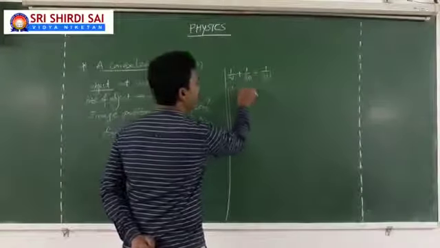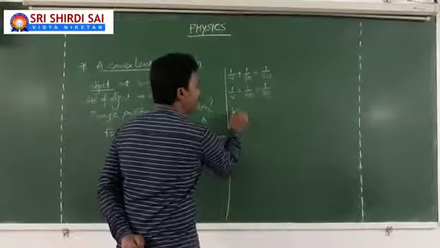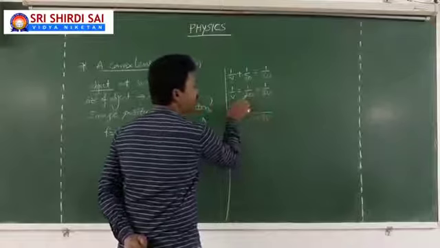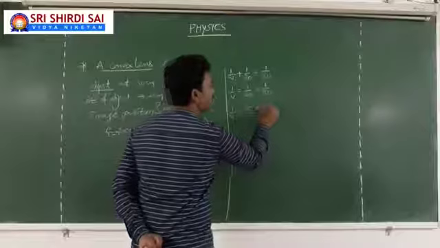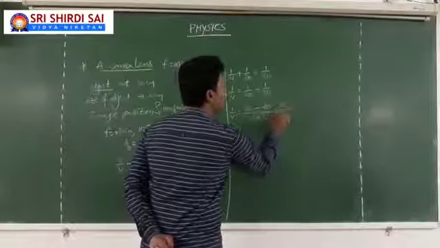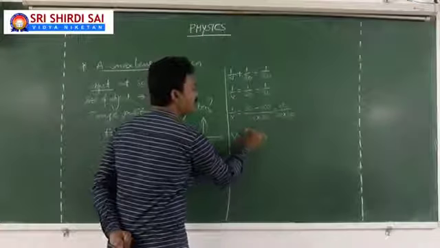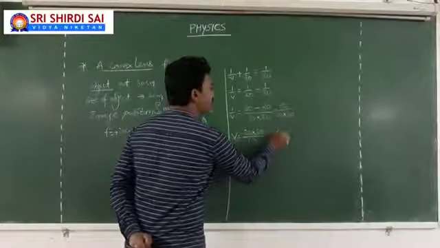Then 1 by v equal to 1 by 20 minus 1 by 30. So 1 by v equal to, taking LCM 20 into 30, 30 minus 20, this is equal to 10 by 20 into 30. Therefore v equal to 20 into 30 by 10, that is 60.